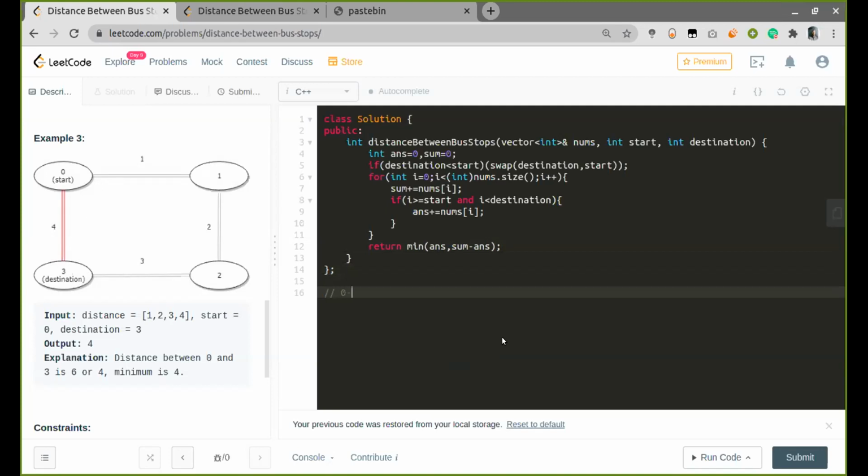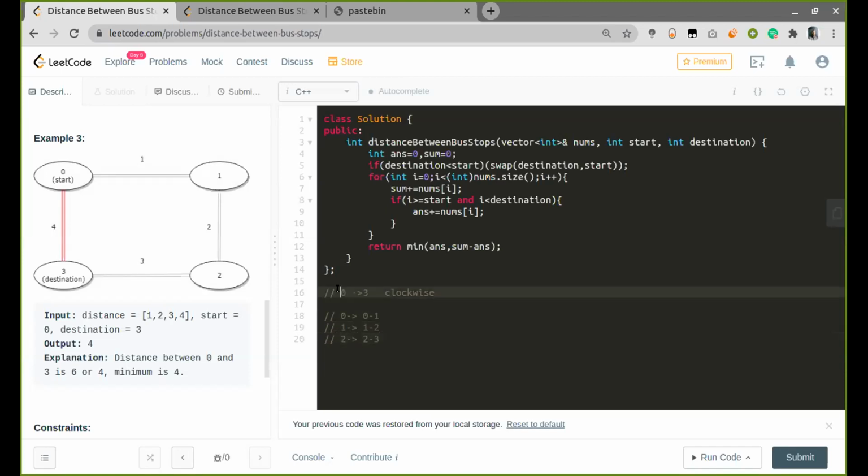Yeah, so see, if I need to calculate the value from 0 to 3 in clockwise direction, I need the values of 0th index. Since 0th index value is the value to traverse from 0 to 1, then again I need the value for first index, which will be value from 1 to 2, and then I need the value at second index, which will give me the value from 2 to 3.